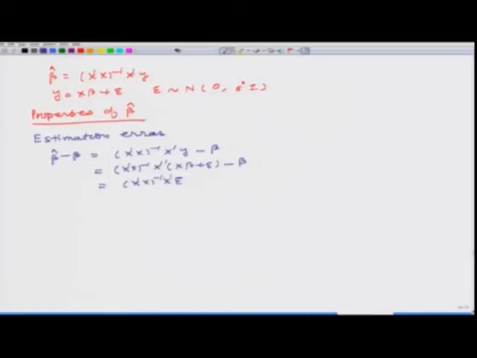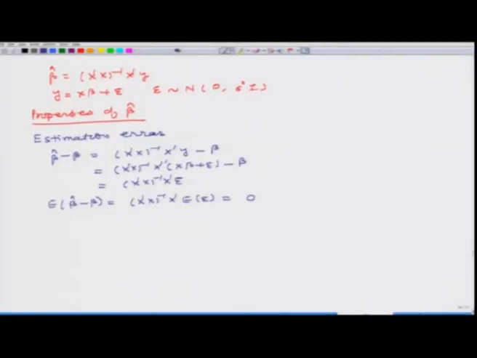So, you can see now that when we try to take the expectation of beta hat minus beta, because we have assumed that X is a non-stochastic matrix, I can write this expectation as follows. And since we have assumed that expected value of epsilon is equal to the null vector, this comes out to be a null vector.